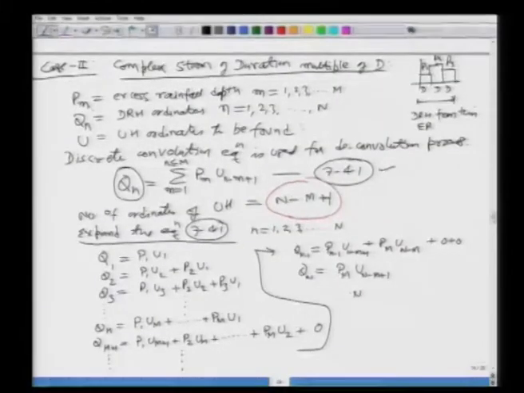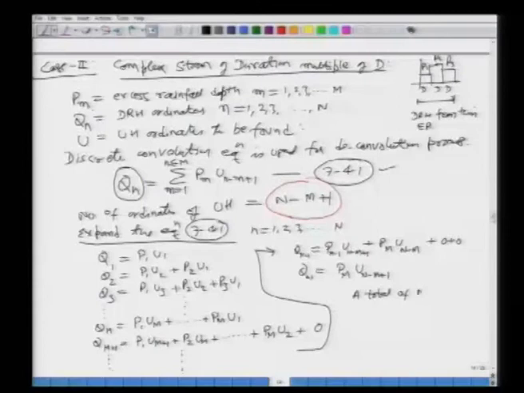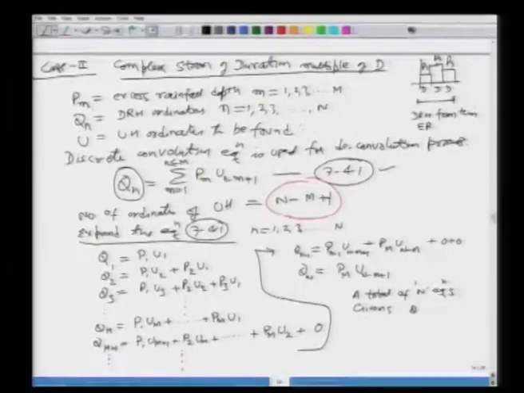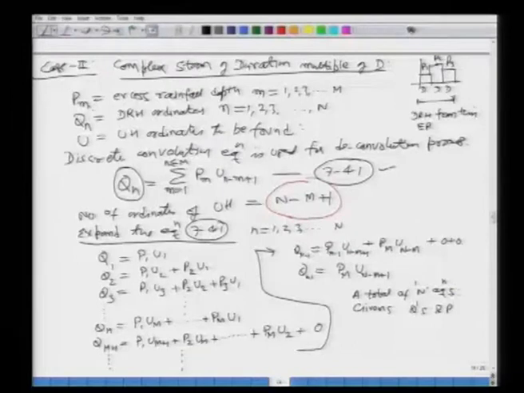So, you have n equations. This is a system of equations in which a total of n equations are there. Givens are your q's and p's, and we have to find or determine the u's.